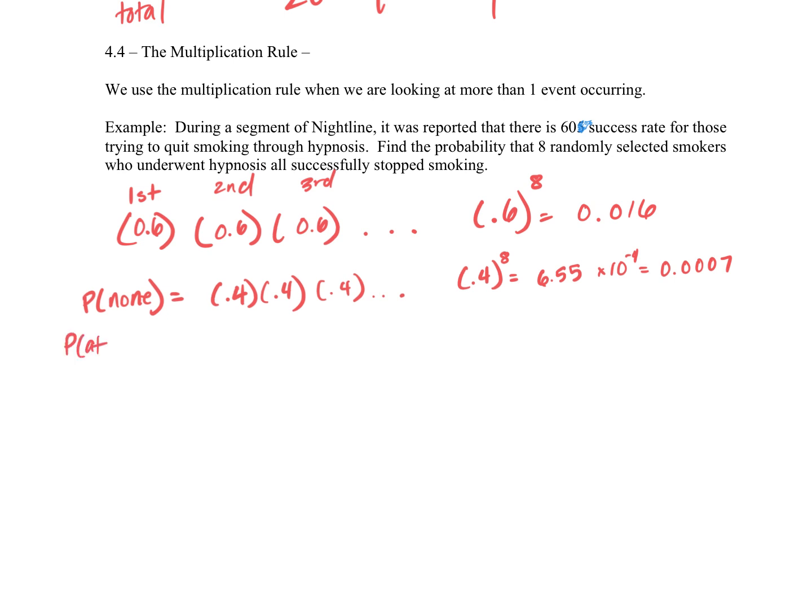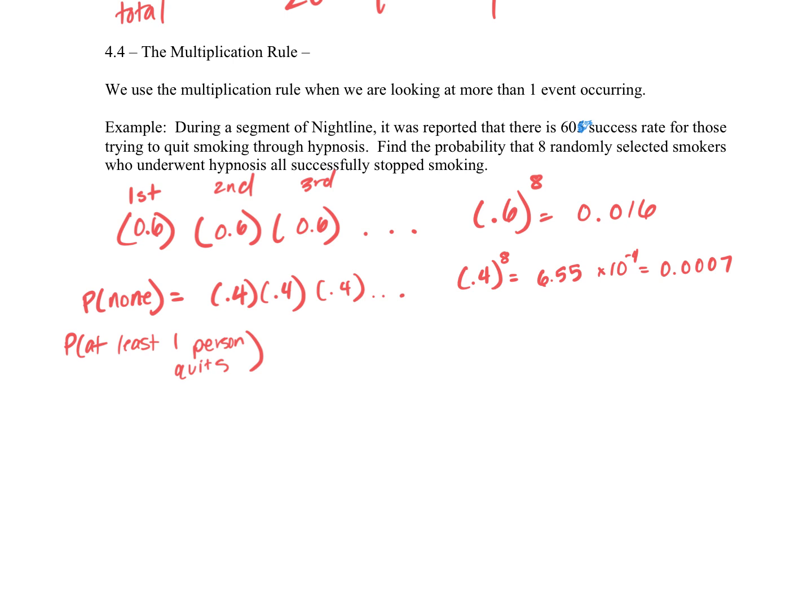What's the probability at least one person quits? It's not, because, so we are going to learn this the long way, okay? In fact, we're going to do that on Thursday probably, okay?